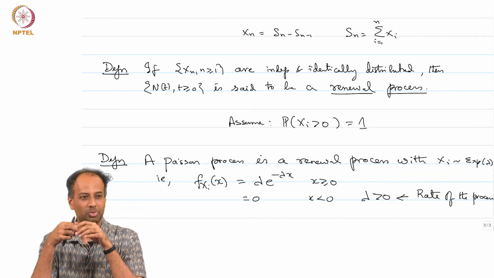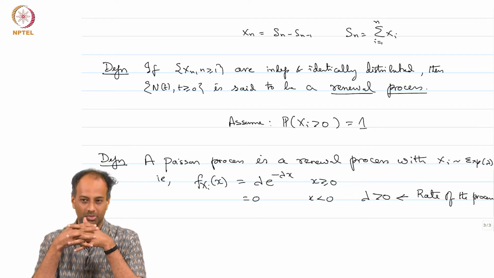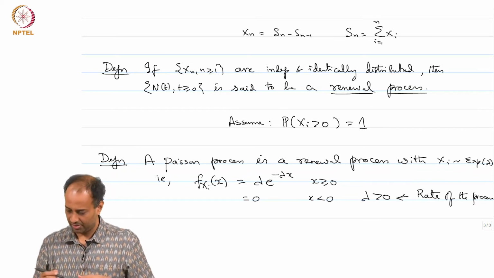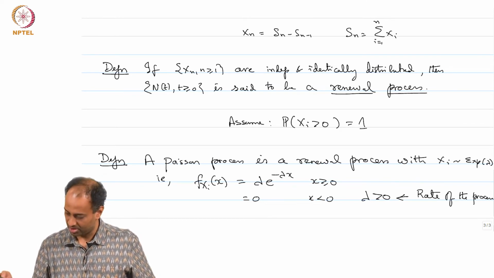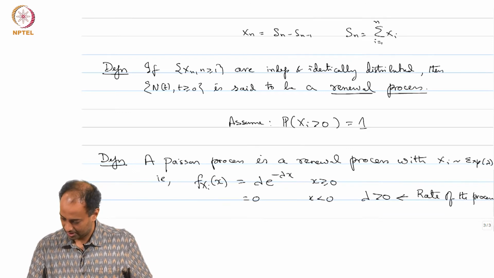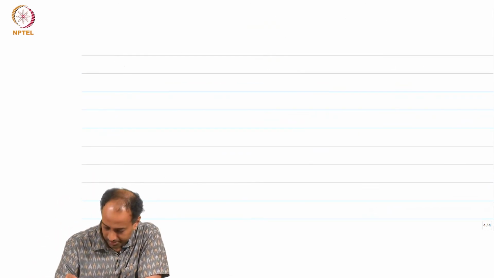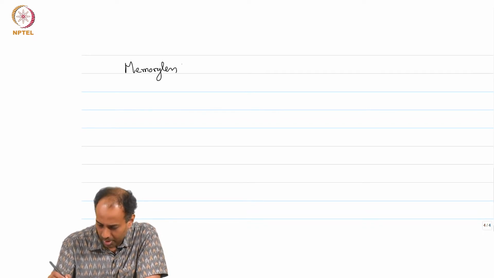So, what is so special about exponential interarrival times, and what is so special about the exponential distribution? It satisfies a very important property called memorylessness. The exponential distribution is memoryless. Let me just define this. Memoryless property.